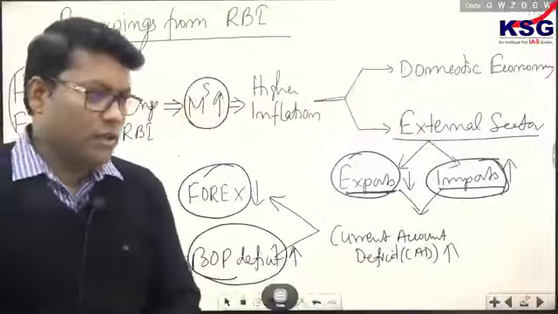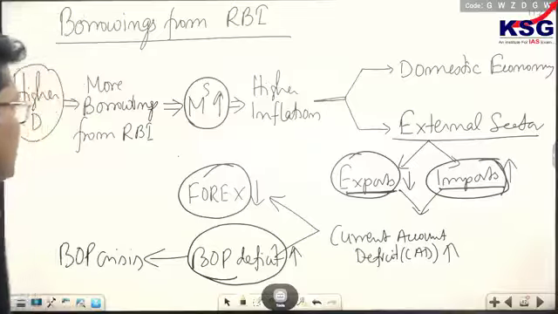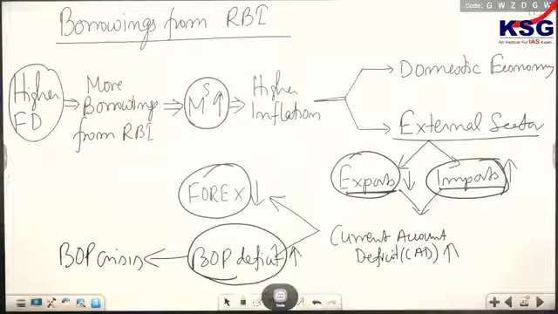Clear? Now, I request all of you, please write a few lines in your own language, the way we have explained this diagram, and always keep it in mind when you go for discussions, because this is the way it happens. It is happening in the country. If you take the Greece economic crisis, which you may have read about somewhere, Greece also started with a higher fiscal deficit and landed up in a balance of payments crisis.